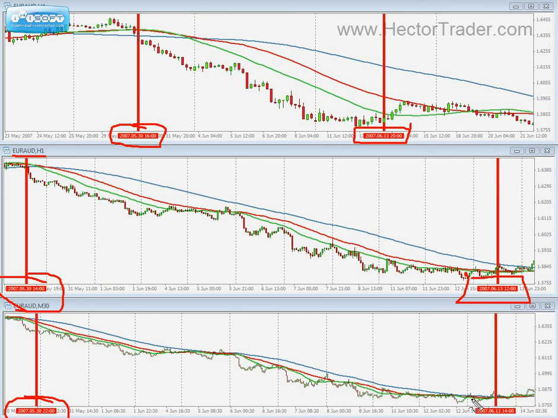So basically, they span about 2 weeks, more or less. Now, the question is, which time frame does this downtrend belong to?